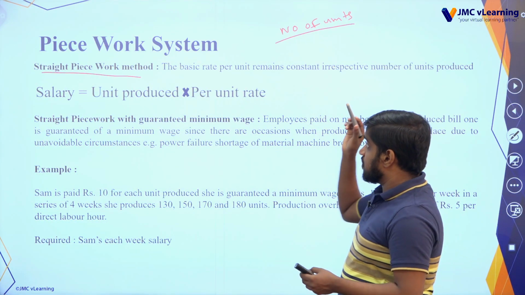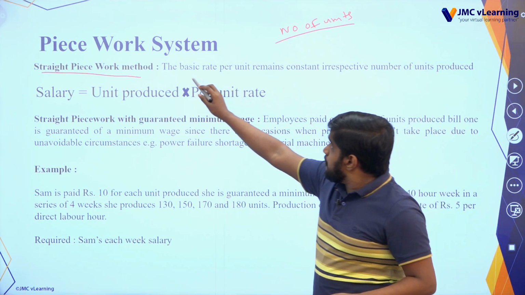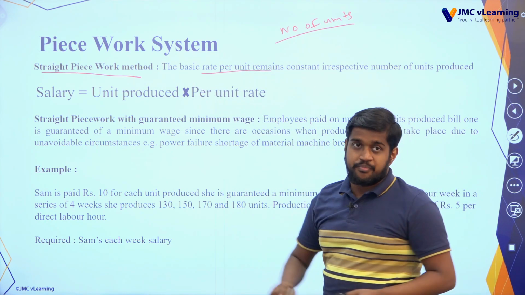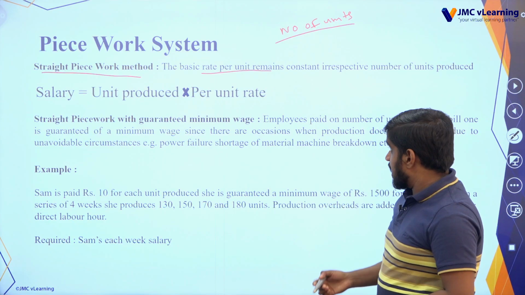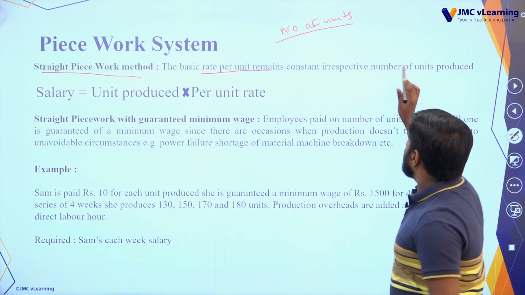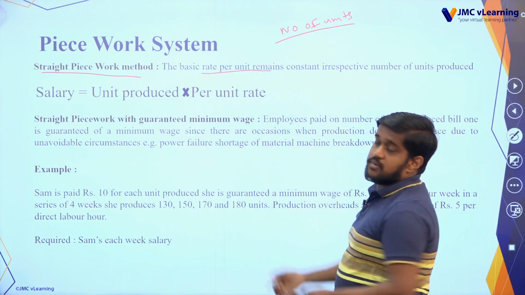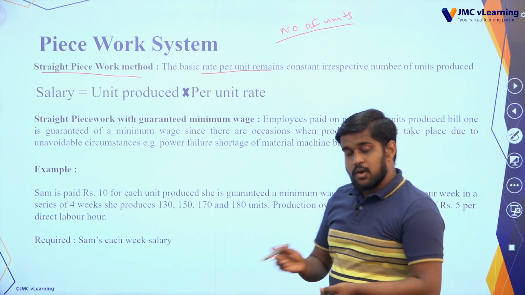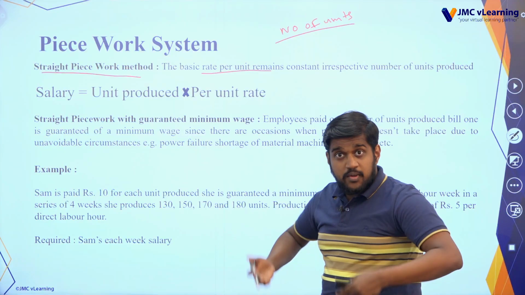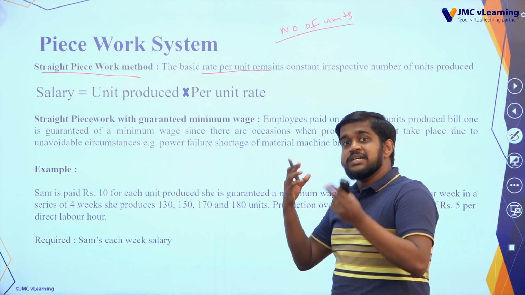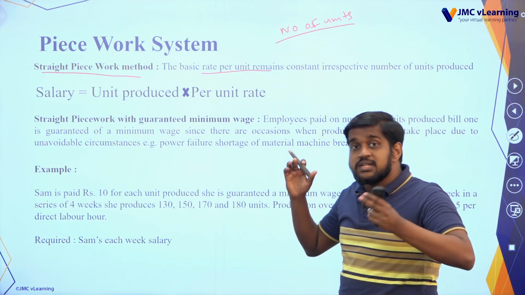Under the straight piecework method, they say the basic rate per unit remains constant irrespective of the number of units produced. That means in the straight piecework method, whatever the number of units we produce, our per unit rate is constant. It is not changed.